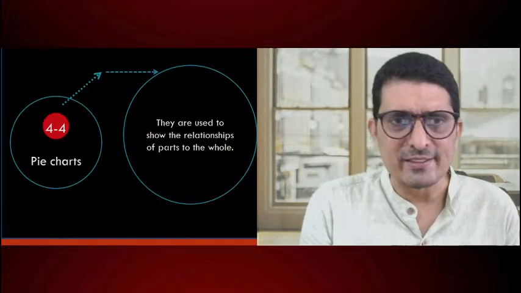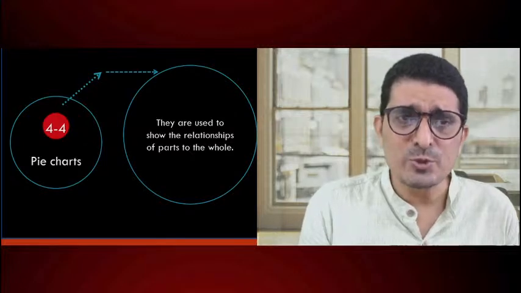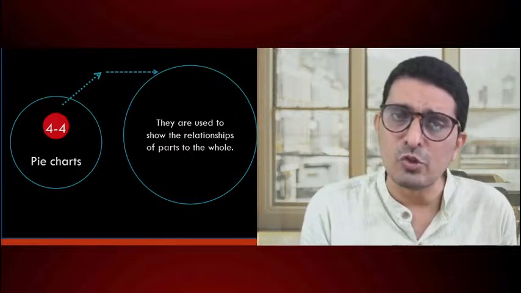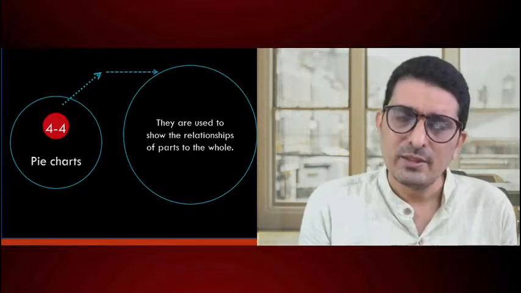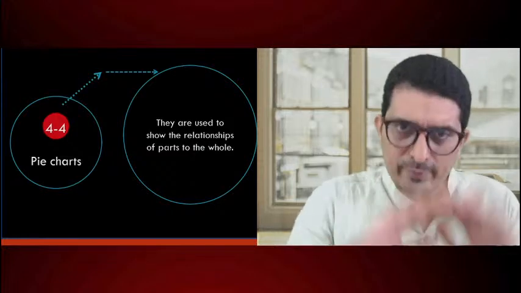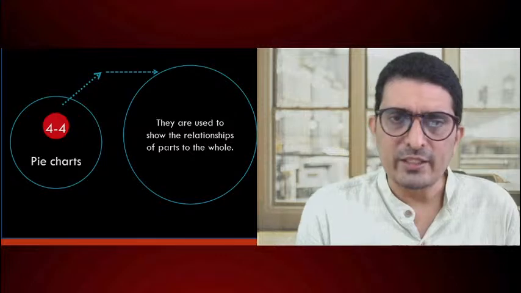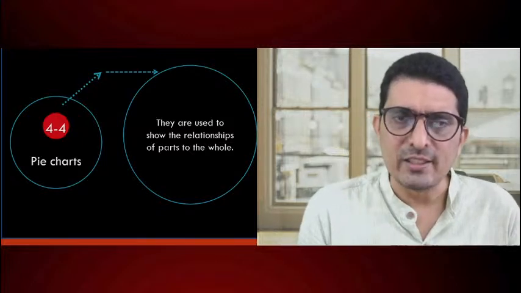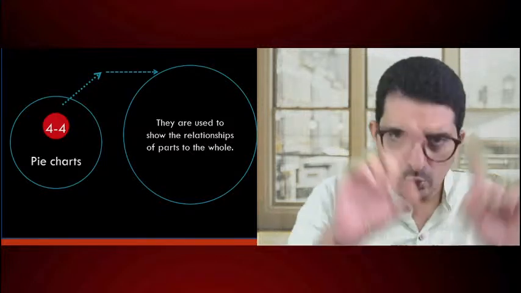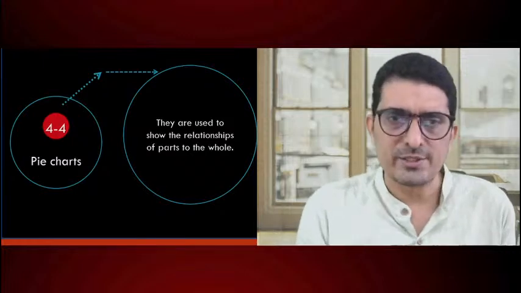Then come pie charts. These pie charts are used to show the relationships of parts to the whole. You take a particular thing and you can use a pie chart to show the relationship between the whole thing and its parts.